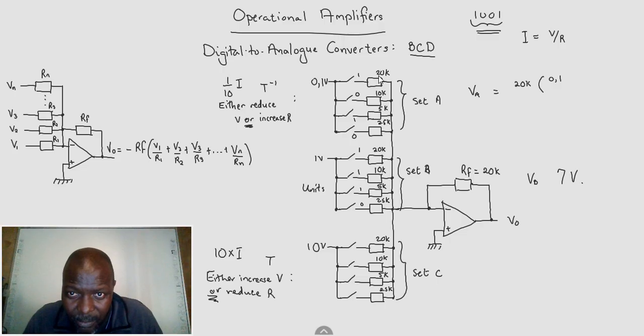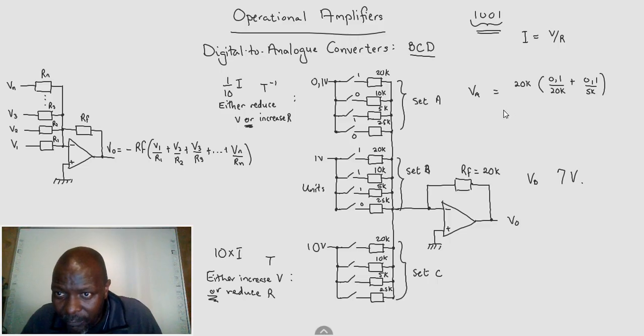We have two of them on the 20k, and you have another one on the 5k, 0.1 volts supplied to the 5k. And what do you see? This here is going to be 0.1. That part is 0.1. Remember, our output is minus.